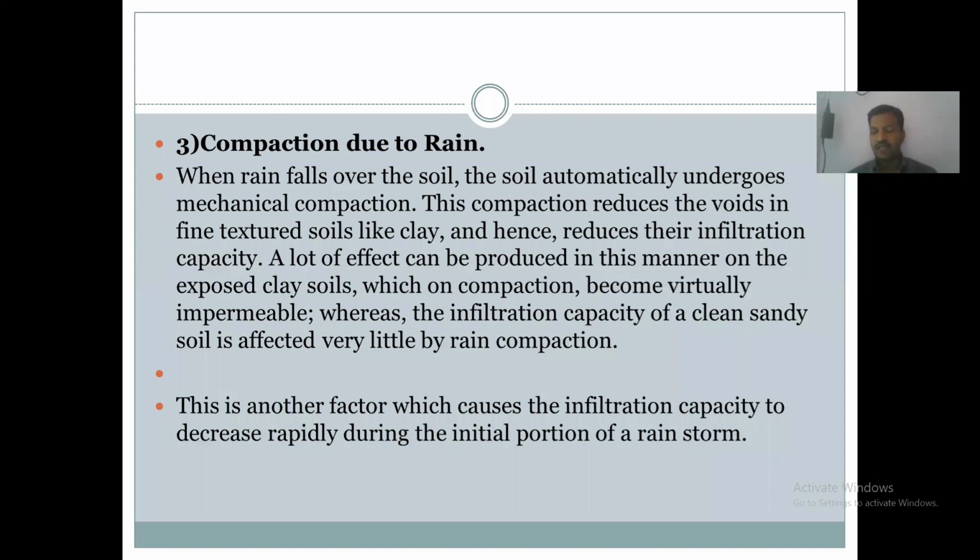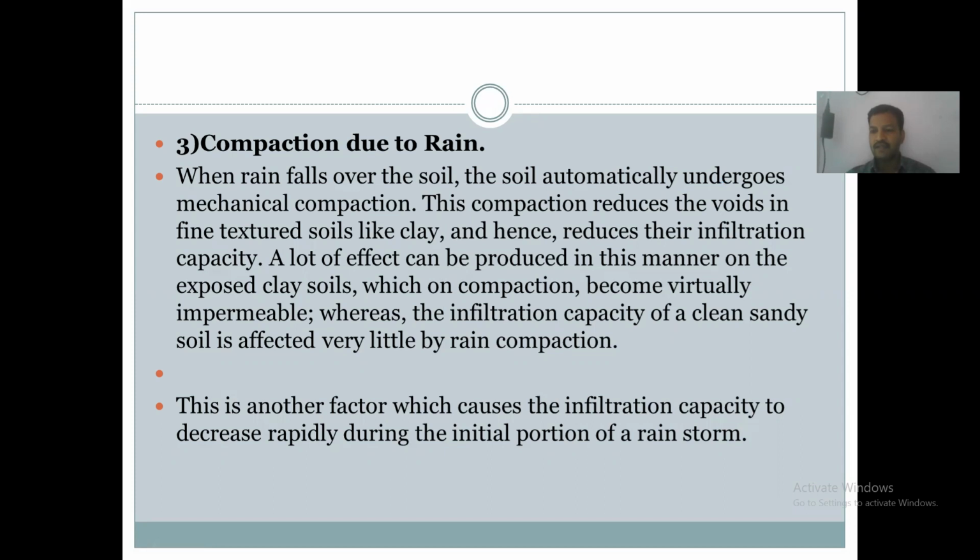That soil layer will automatically undergo mechanical compaction. It will get compact. Suppose we take a soil layer and from the top we press it with a wooden surface or any surface material. So if it gets pressed from the top surface, it will compact. If we press the soil surface from the top, what will happen?